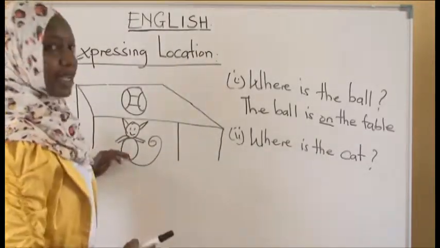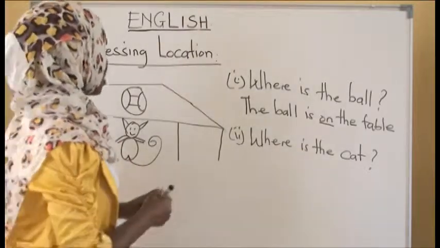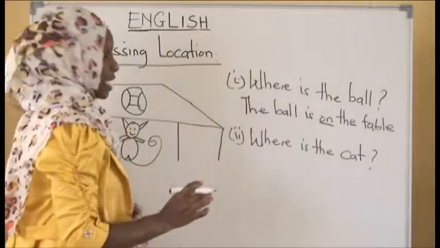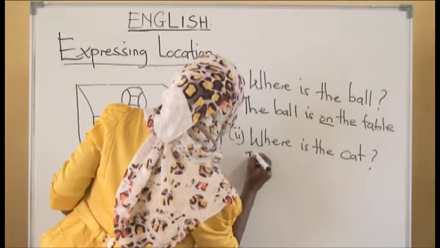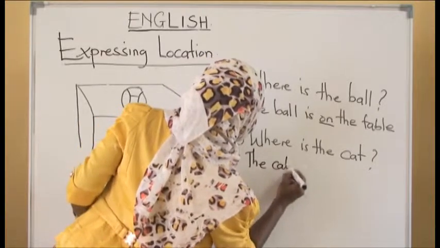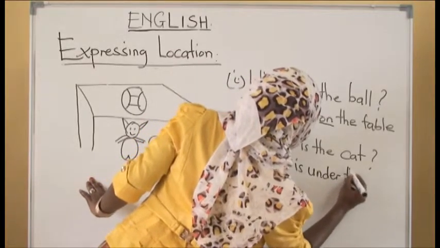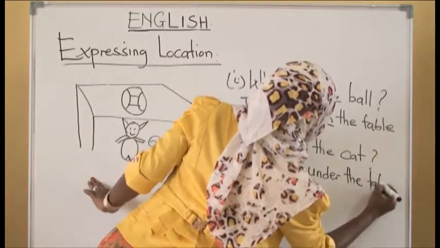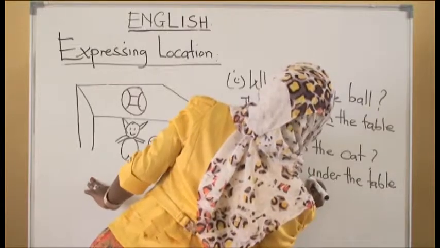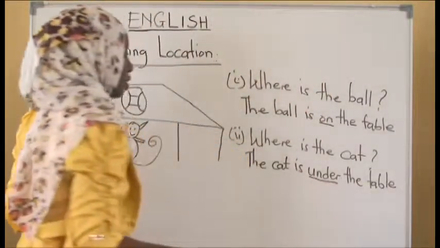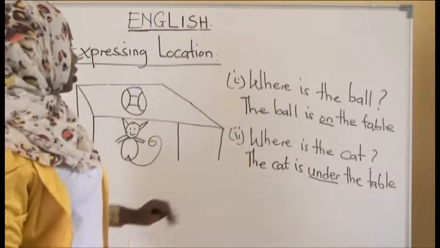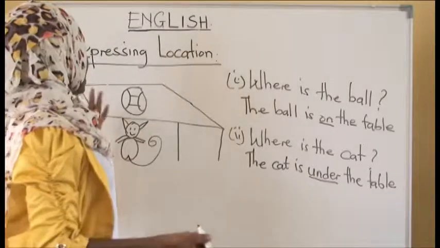So this cat here is under the table. In answering this question, you're going to say the cat is under the table. So under is also another preposition that shows location, where the cat is.